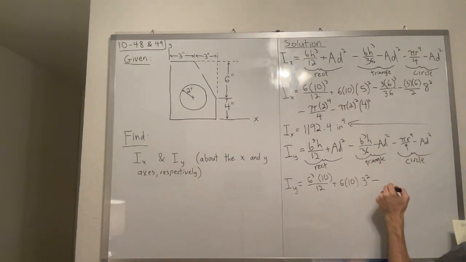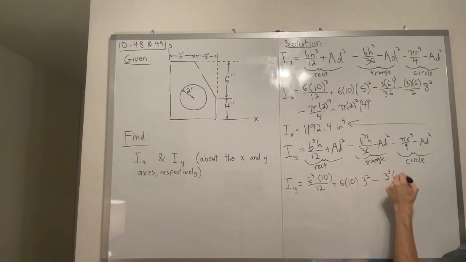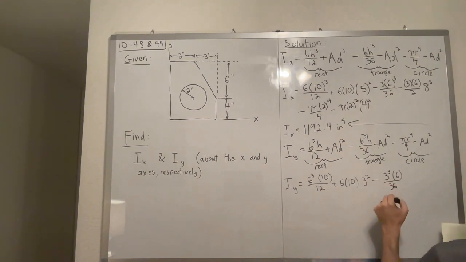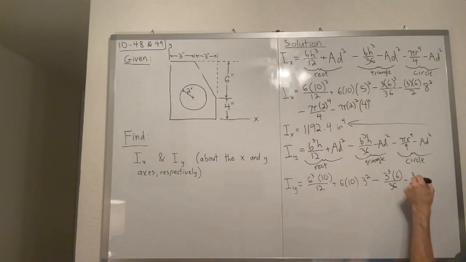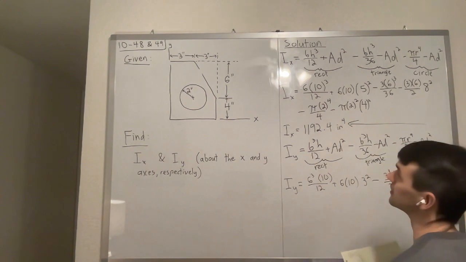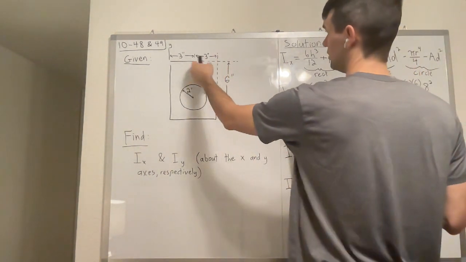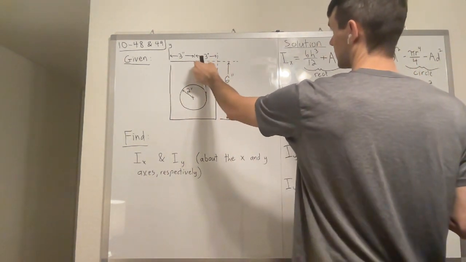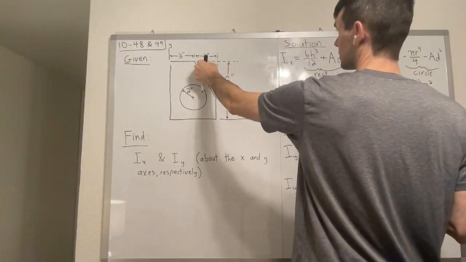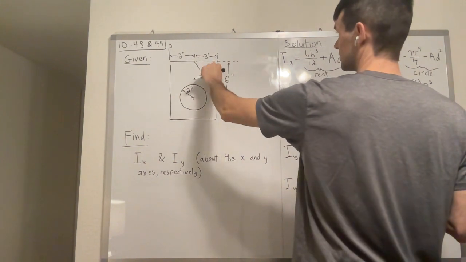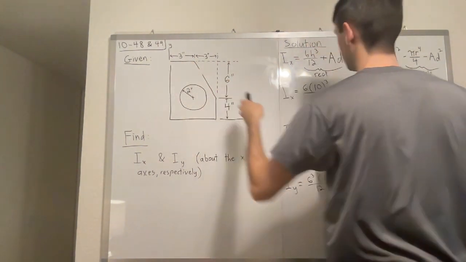Then minus, let's see, the base of the triangle is 3, so 3 cubed times 6 divided by 36, minus, all right, same area, 3 times 6 divided by 2, and now the distance is from here to here, so it's 3, and again, 2/3 from the small end, or 1/3 from the big end, so that puts an extra 2 inches here, so it's 5 inches from the y-axis.